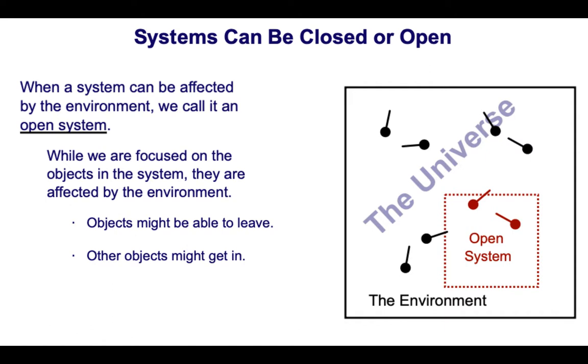If objects can leave or enter the system and affect the motion, we call it an open system. If the system is open, outside forces can also affect the motion of the objects in the system. We will work on identifying the difference between open and closed systems as we move forward.